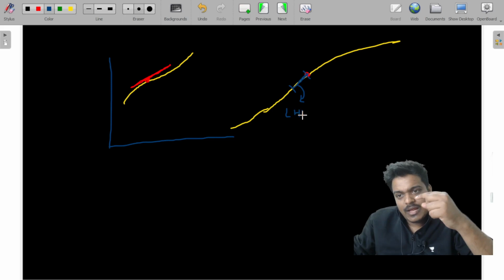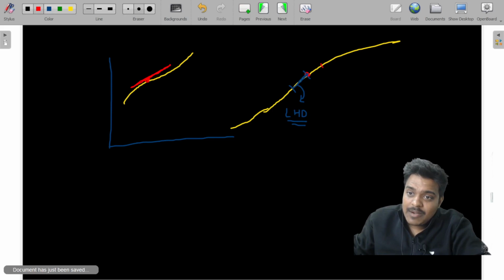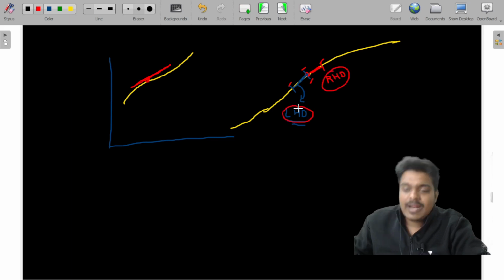So this is your left hand derivative. Similarly, you will take a right hand point, this will be your y2, this will be your y1, whereas in the previous case this is your y2, this is your y1. Is it clear? So this is nothing but the right hand derivative.